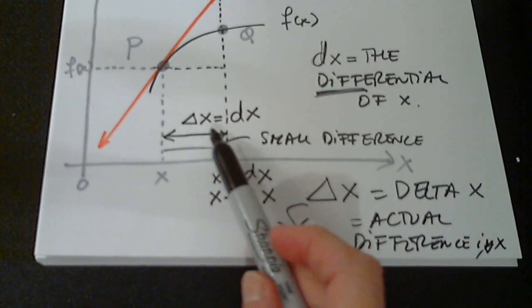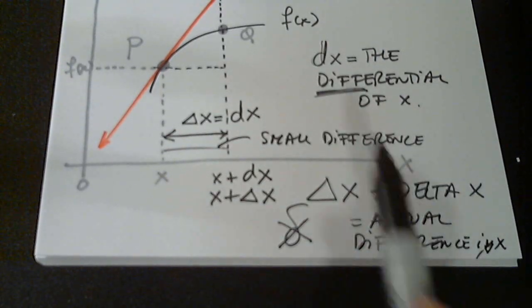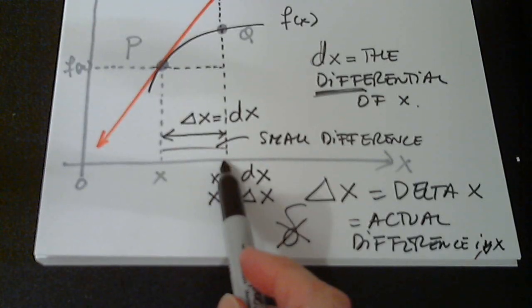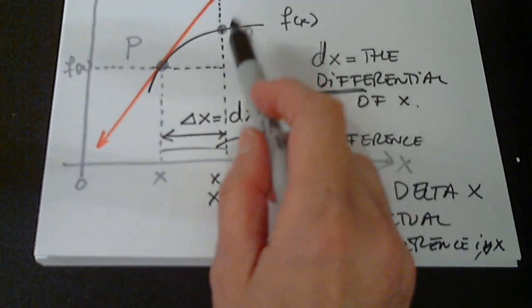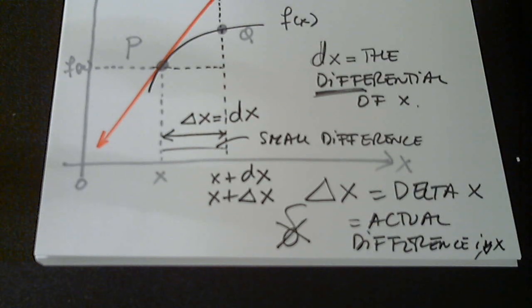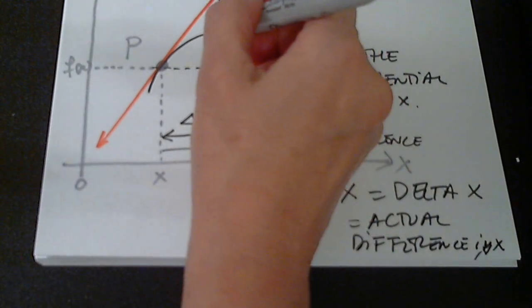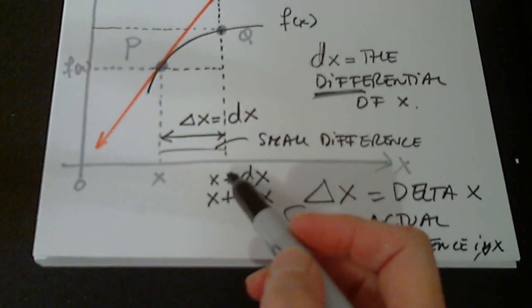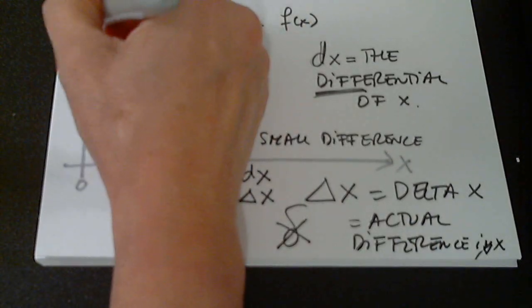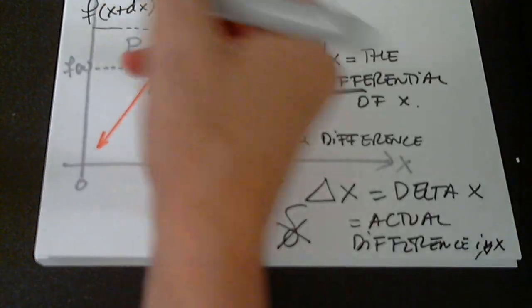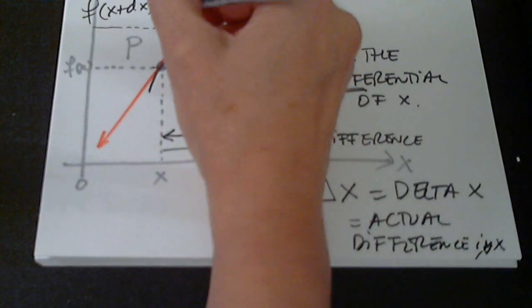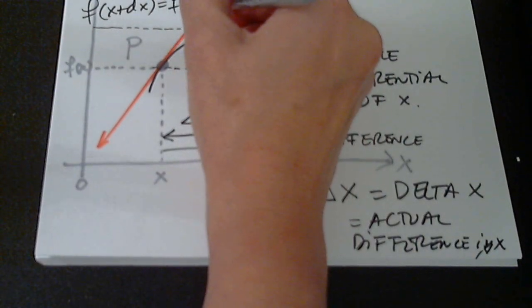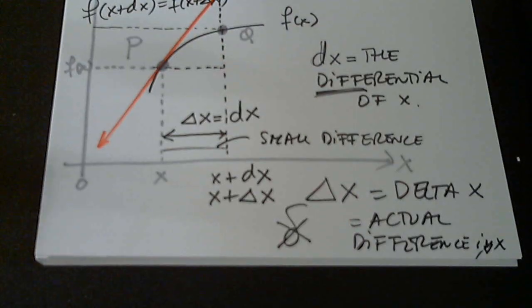Dx is the differential, delta x is the actual difference between these two x values, the x value of p and the x value of q. Okay, now what will be the y coordinate of q? That will be f of x plus dx or f of x plus delta x, because dx and delta x are the same.